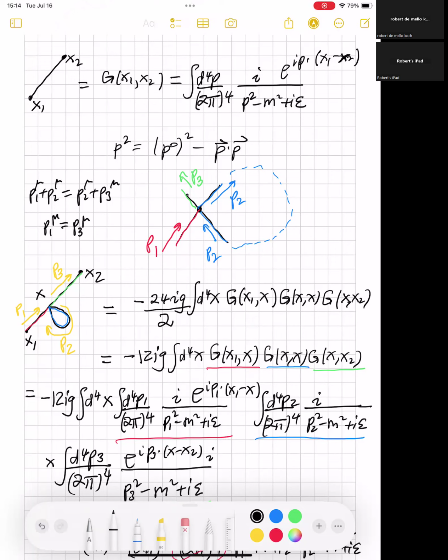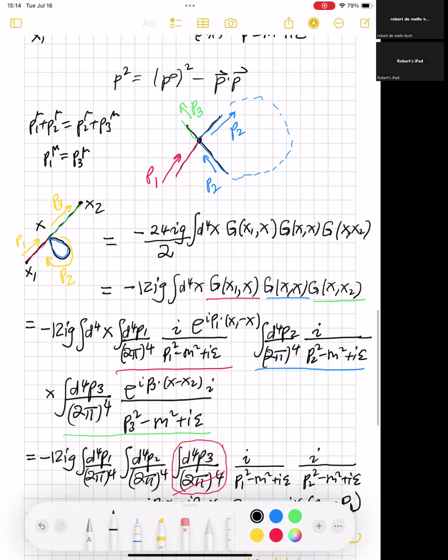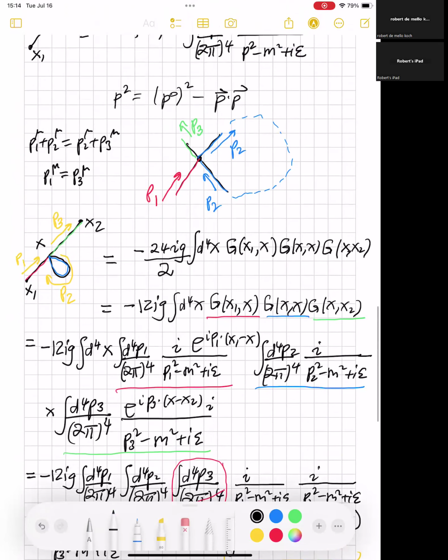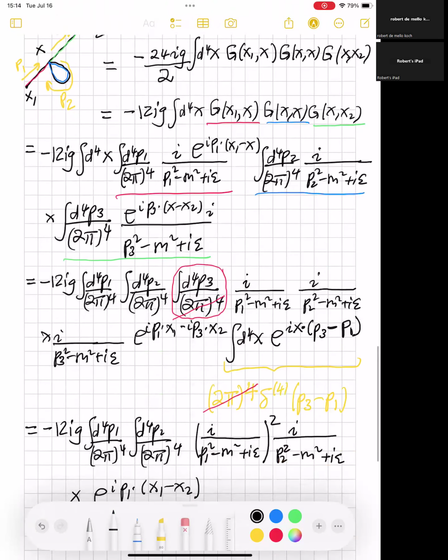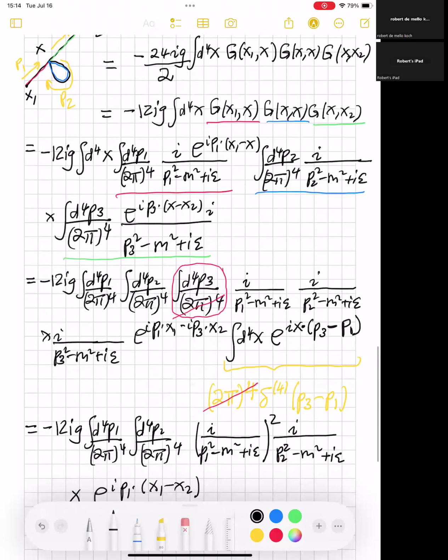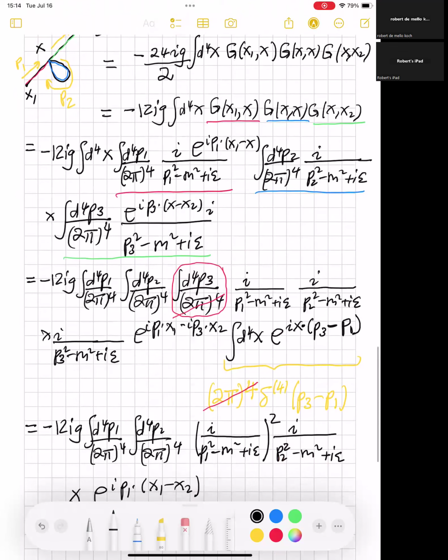So the integral over x, which gave us this four-dimensional delta function setting all of the components of P3 equal to the components of P1, was actually implementing the conservation of energy momentum at this vertex. Again, this is a very general statement. You'll see this again and again.